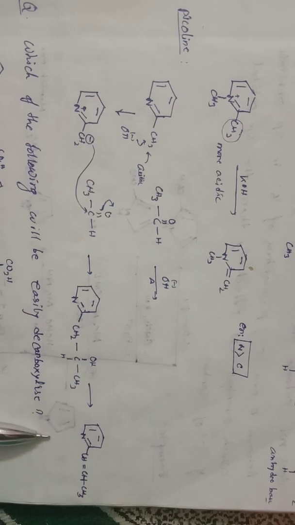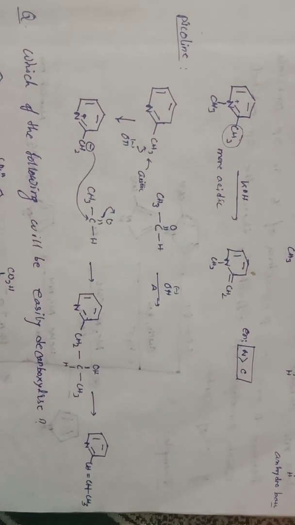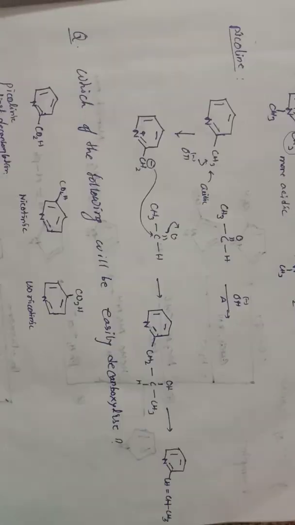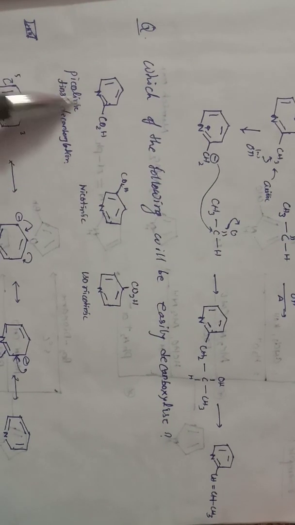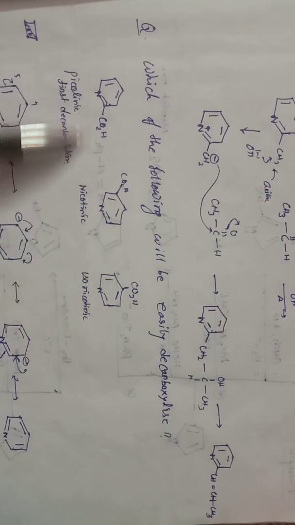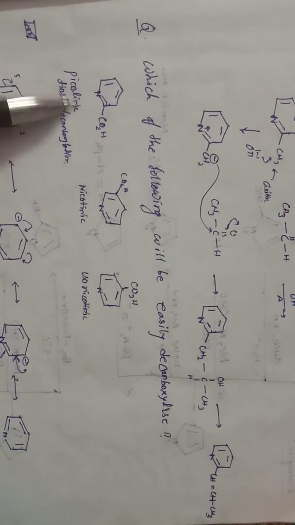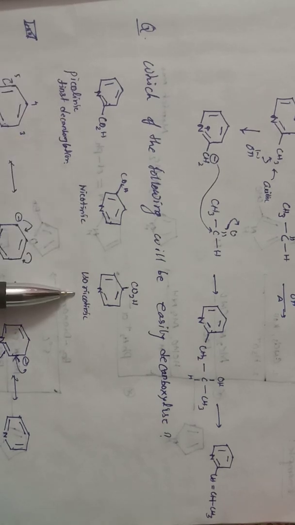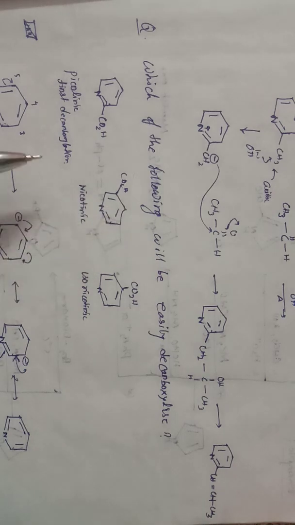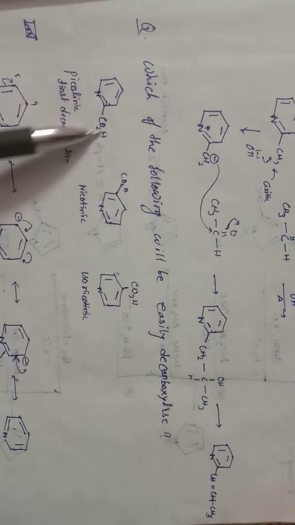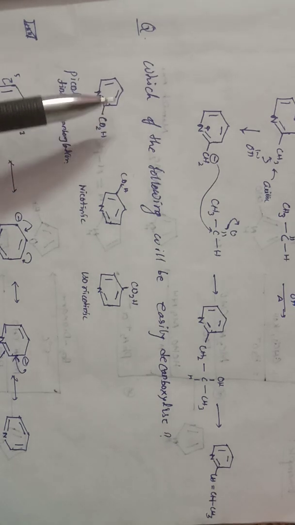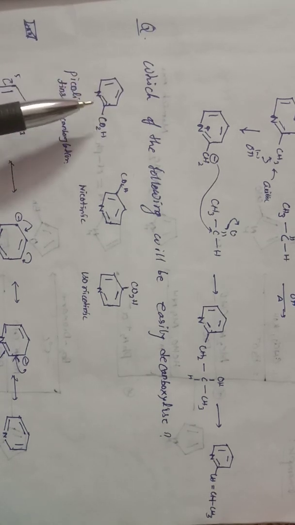Now similarly, if we draw these three compounds, picolinic, nicotinic and isonicotinic acid, in which case does decarboxylation easily take place? We can easily predict that this compound easily decarboxylates.